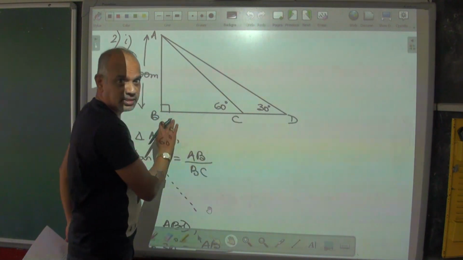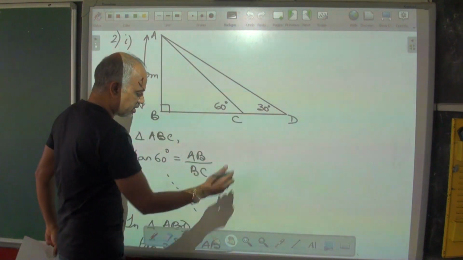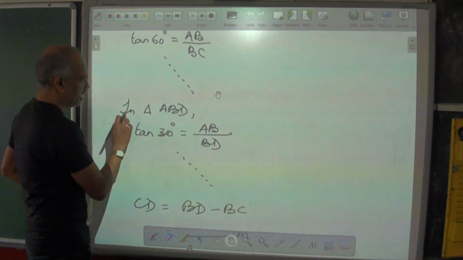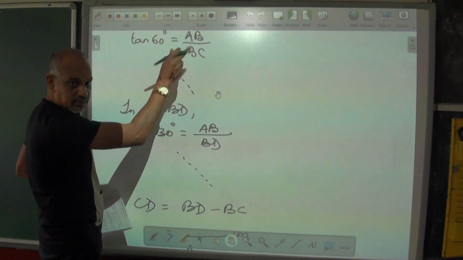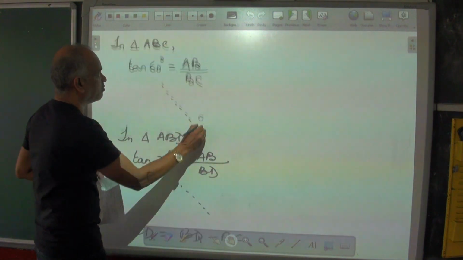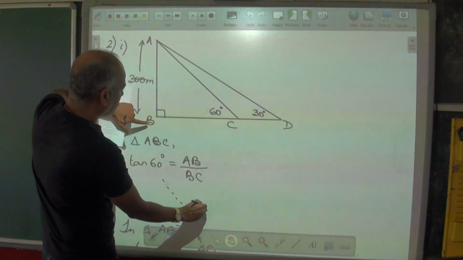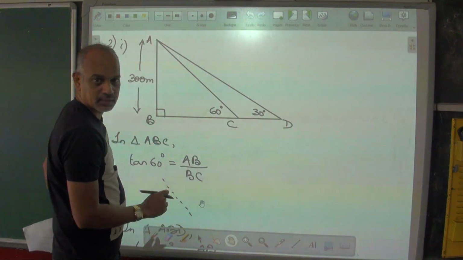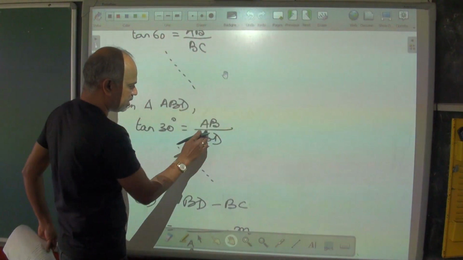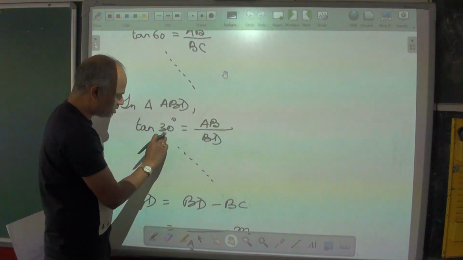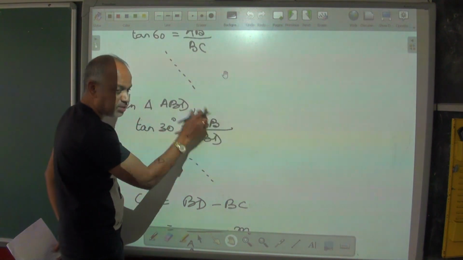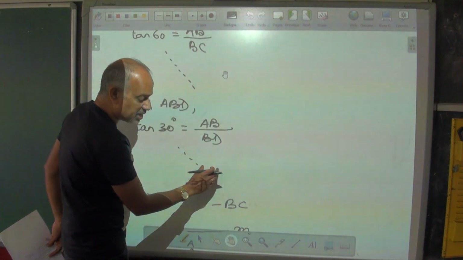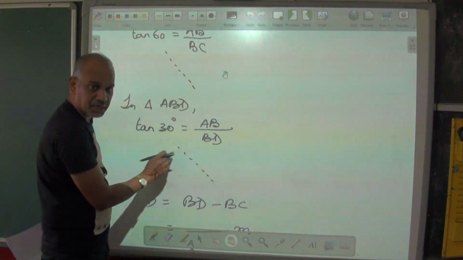ABD is the second triangle, in which the angle is 30 degrees. So in triangle ABD, tan 30 is equal to perpendicular AB, base now is BD. So this will be AB by BD. Substitute tan 30's value, equal to AB's value 300 by BD. Simplify this, you will get BD.